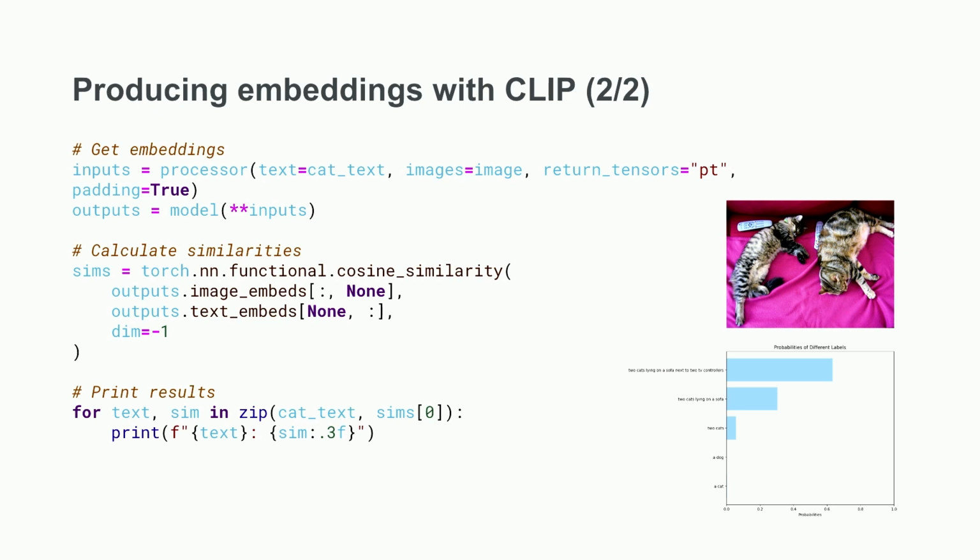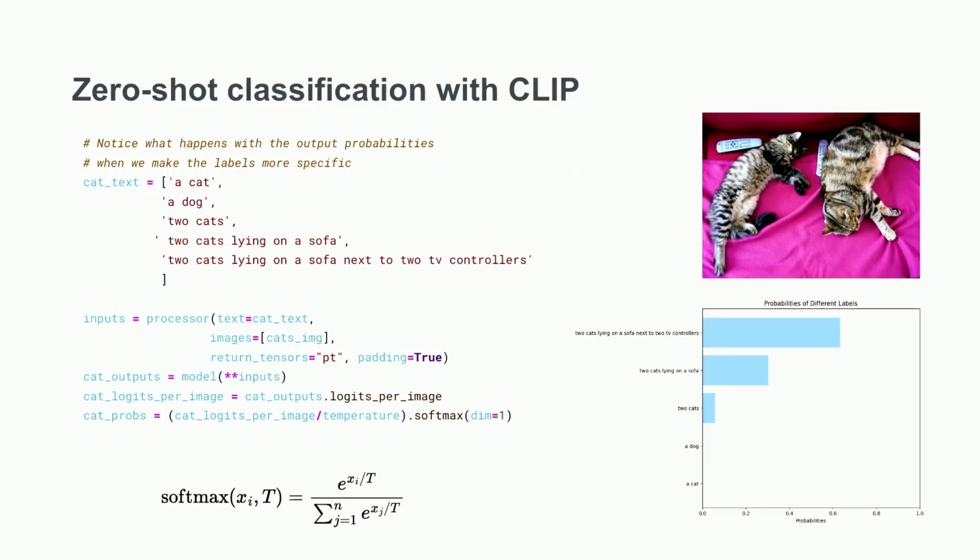It's going to have a much higher probability than 2 cats or a cat or a dog, of course. So this is something very interesting and powerful about CLIP. The more descriptive you make your prompt to what you have in your image, the higher is going to be the matching probability. It's very useful for semantic search.